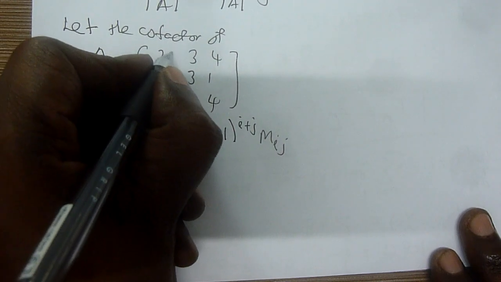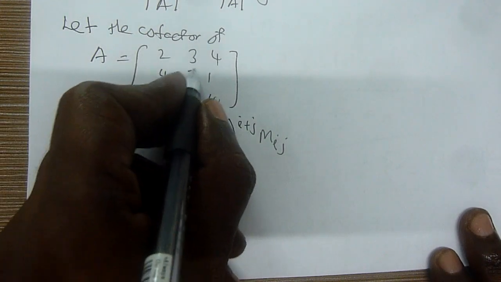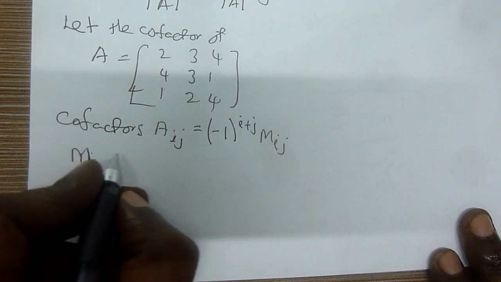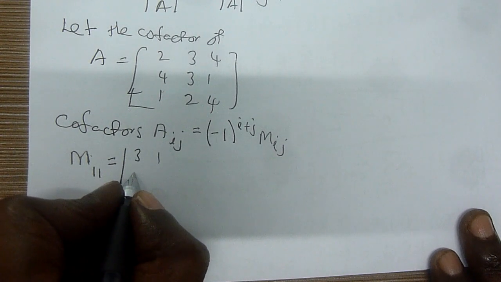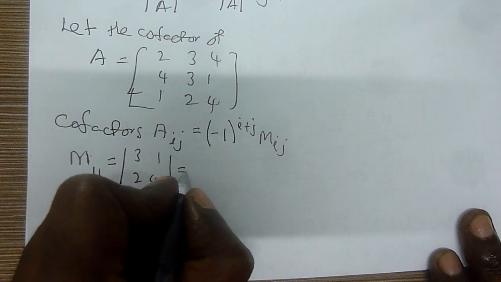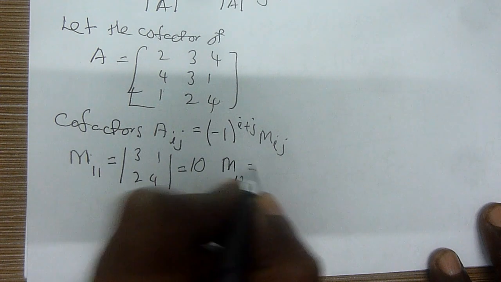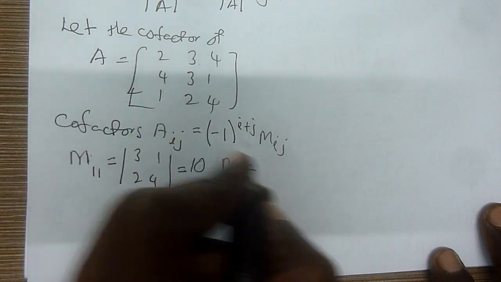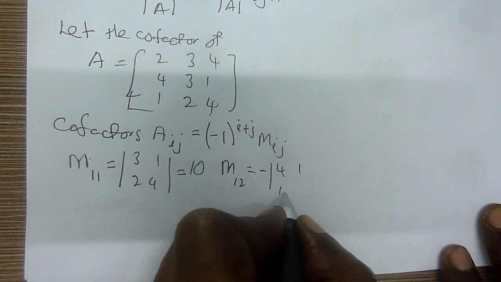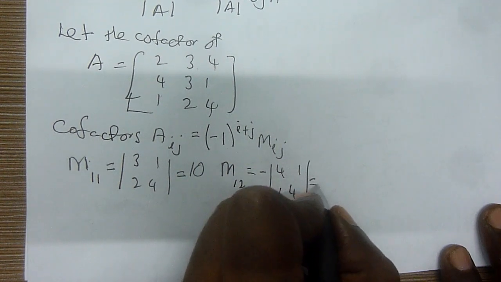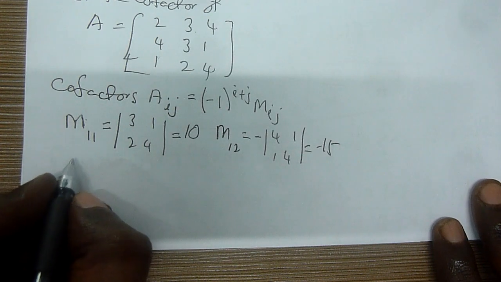If I take M11, you just close this row and column, and write the rest. M11 is equivalent to 3 1 2 4, which gives 10. Similarly, M12 is the second one, therefore it's negative: negative 4 1 1 4, which is negative 15. What about M13?